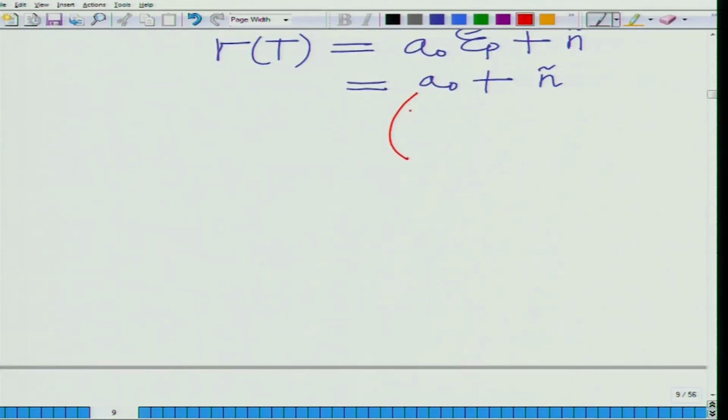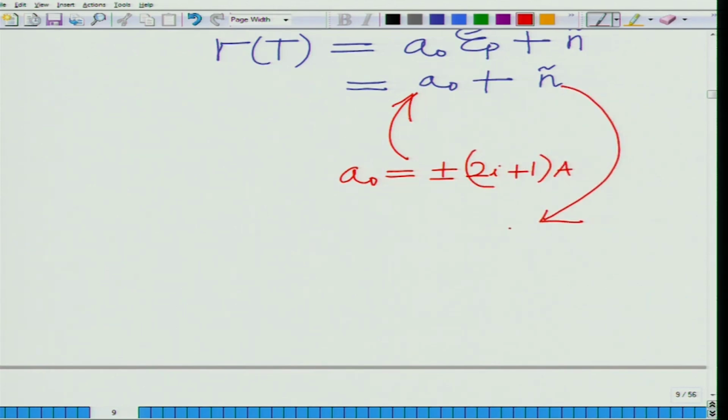The only thing that changes is A_0, which is now plus or minus (2i plus 1) A. That is the only difference. So, you still have A_0 times E_p, with E_p equal to 1.